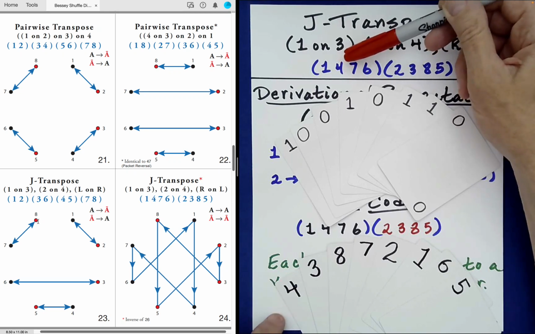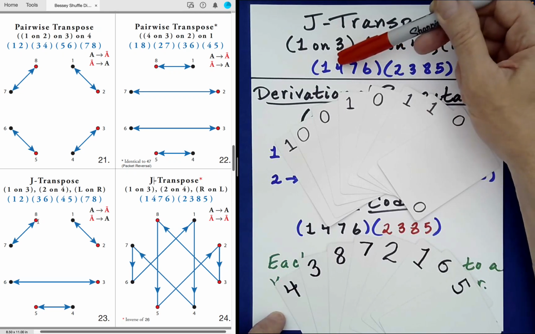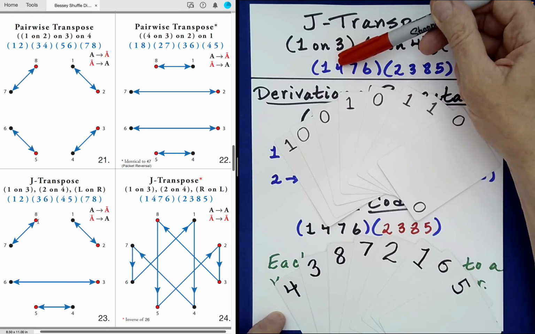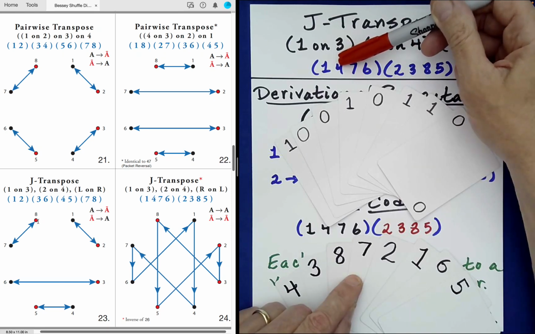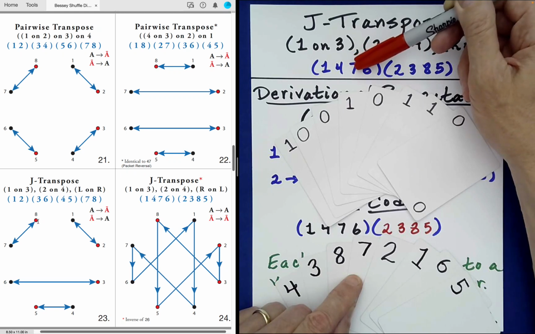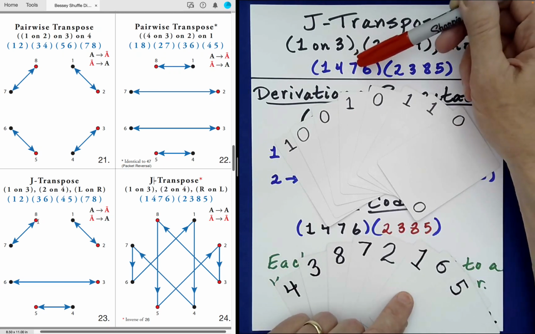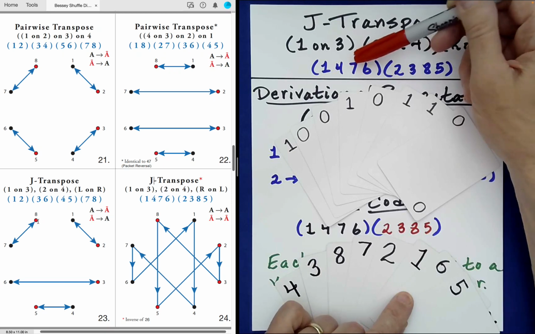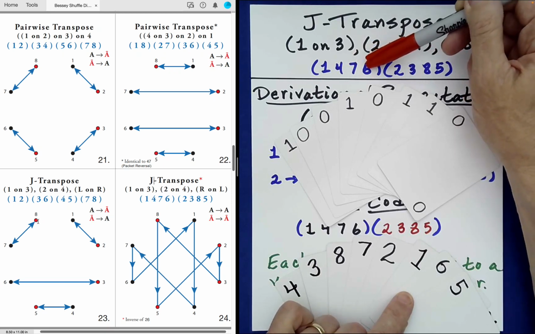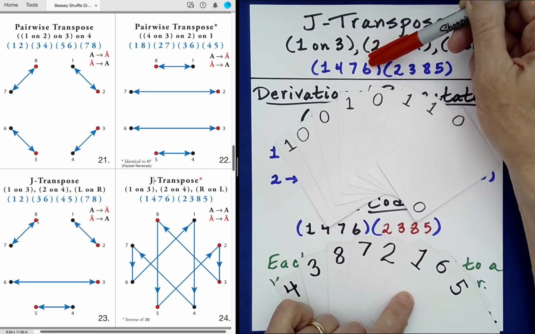Okay, moving on. 4 being sent to 7. What does that mean? That means 4th place has now been assigned to what was originally in 7th position. And that is the case. What about 7 here? The 7th place, after our shuffle, has been assigned to what was originally in the 6th position.